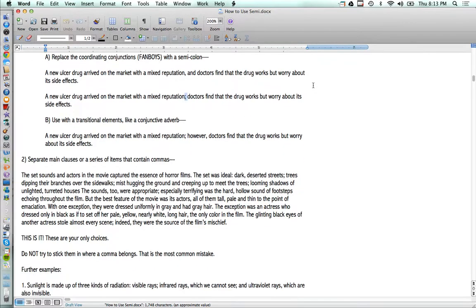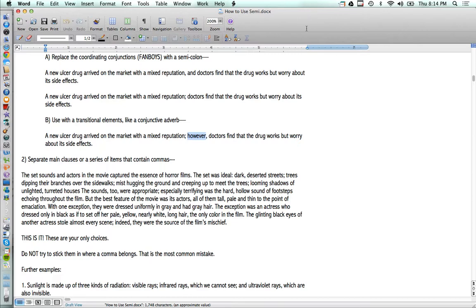The traditional construction of this is with a transitional expression or a conjunctive adverb. Conjunctive adverbs are however, moreover, therefore, even so, etc. So you can look up what conjunctive adverbs are. There are three different types, just to remind you, of conjunctions that add clauses together.